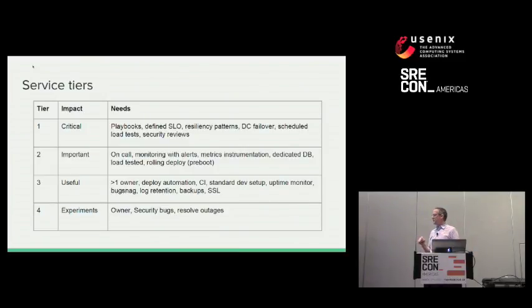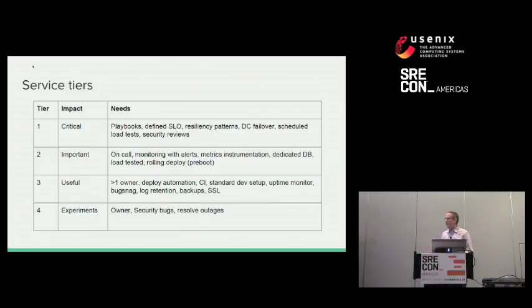And we intentionally said, for the very lowest tier, we really want to enable people to move fast and experiment with things that aren't customer facing. So for a very bottom tier service, all we really care about is: does it have an owner? Does it resolve security bugs? And if it goes down, does somebody eventually bring it back up? That's it. We try to keep the bar really, really low.